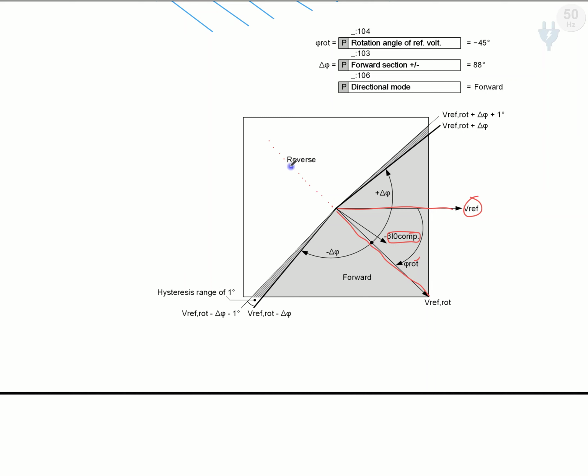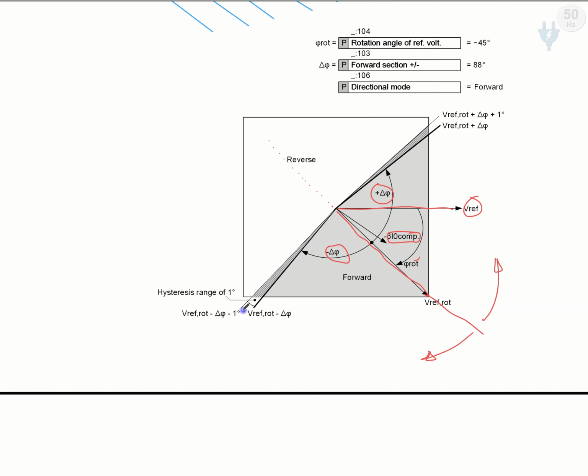Here we select this V0 as our reference axis, and on both sides of it we determine sides with an angle of minus delta phi and plus delta phi. These sides are called the forward direction, and the opposite is the reverse direction.